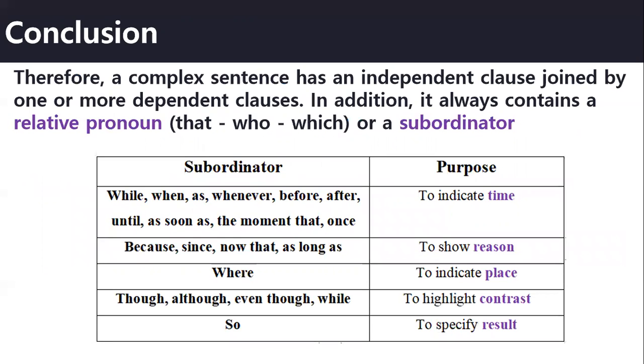As a conclusion, a complex sentence has a dependent clause that does not make sense if it stands alone, and an independent clause that can stand alone and make sense, joined by either a relative pronoun, such as that, who, which, or a subordinator. In this table, we can see a list of subordinators and their purpose. They indicate time, reason, place, contrast, or result.